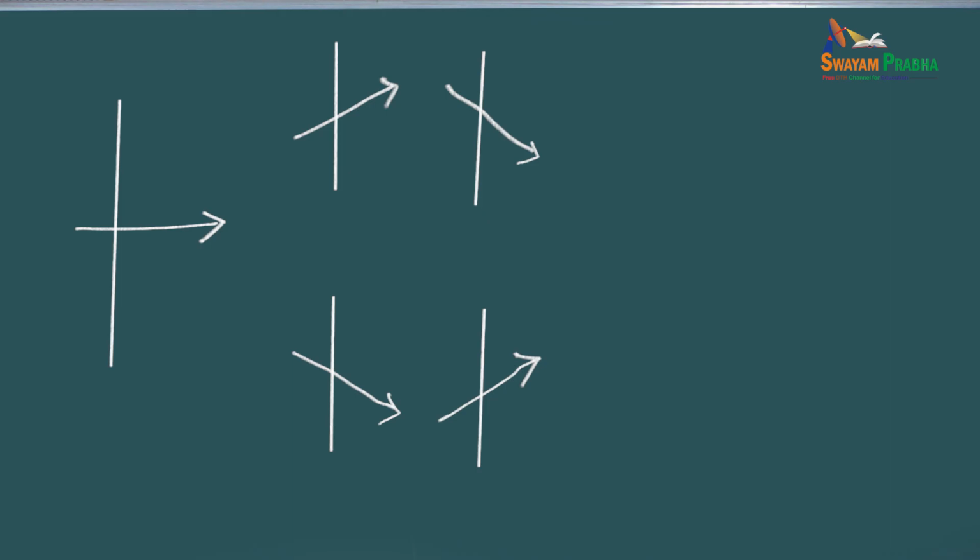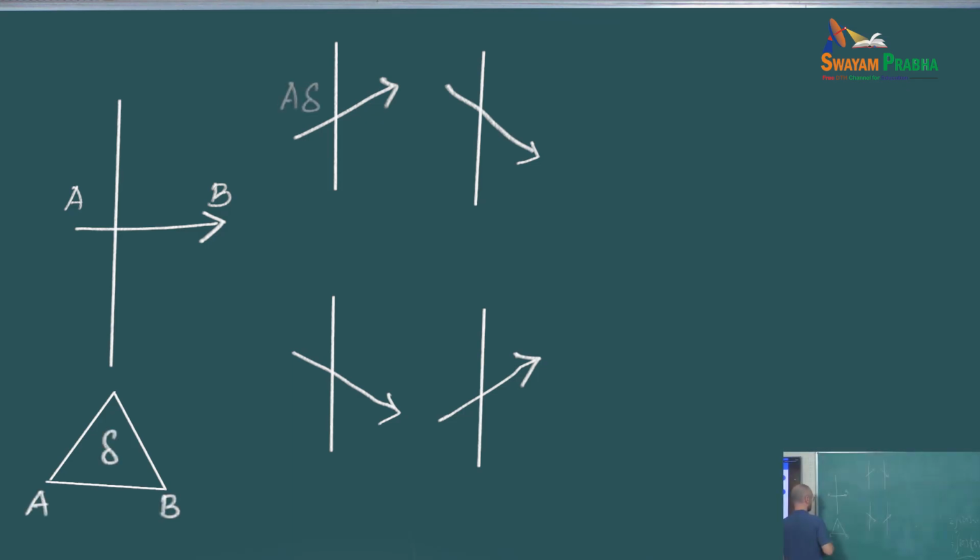So I have an initial dislocation, and there are two possibilities. It can do this, or it can do that. If this is AB, and I have my triangle A, B and delta, that would be A delta plus delta B, or delta B plus A delta.